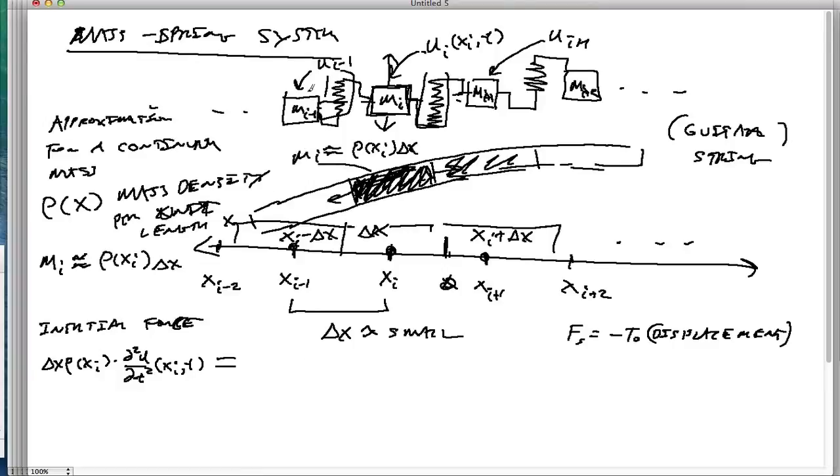So let's look at i plus 1. If mass i plus 1 is higher than mass i, we're going to get a force pulling upward on mass i. So it's going to involve T naught times this displacement here, which we can think of as ui plus 1 minus the position of i.